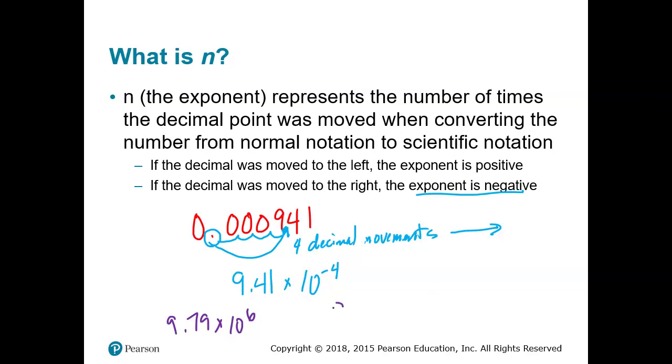I need to take my decimal 9.79 and move it to the right 6 times. 1, 2, 3, 4, 5, 6. Now, what do I do with all these extra bumps? Well, those are where I would need to put zeros. 0, 0, 0, 0. 9.79 times 10 to the 6th is the same as 9.79 million, 9,790,000.